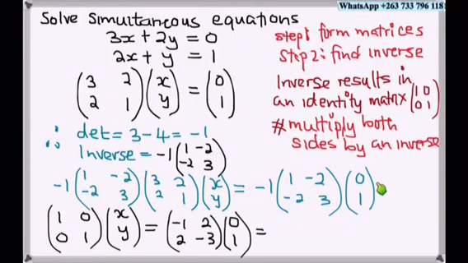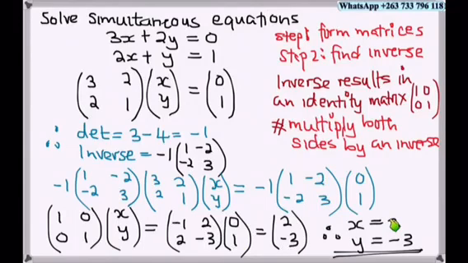Then our answer here is 0, 1. So let's simplify here, row by column: -1 times 0 is 0, then 2 times 1 is 2. 2 times 0 is 0, -3 times 1 is -3. So this will be our final answers for x and y. This represents the value of x, this represents the value of y. Therefore x is equal to 2, y is equal to -3.